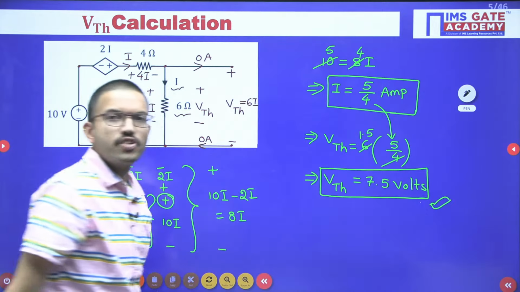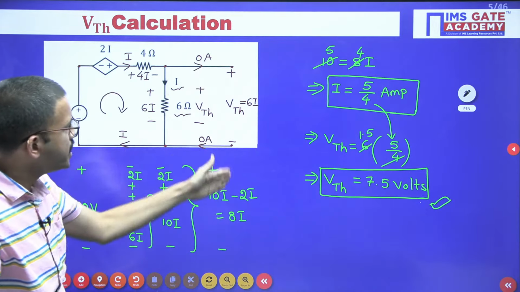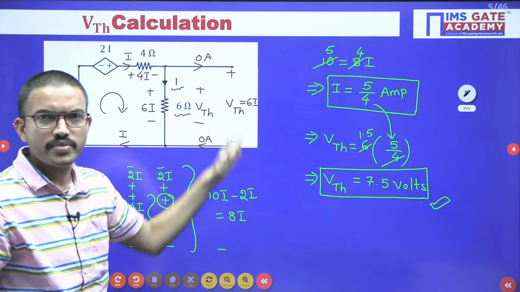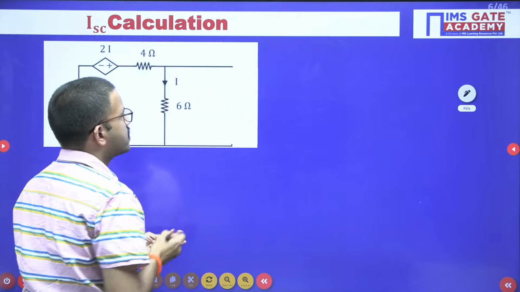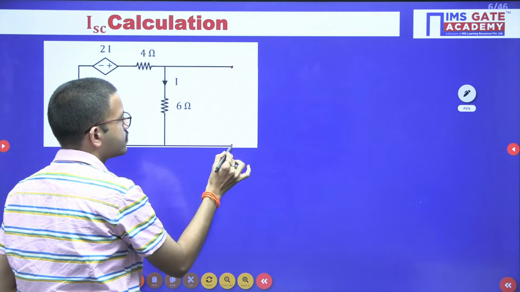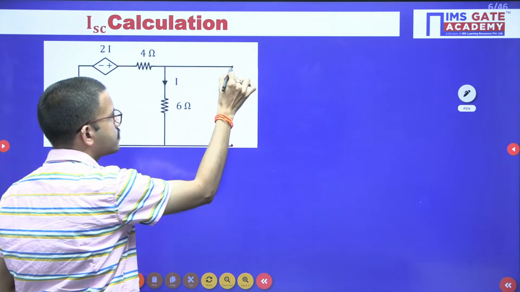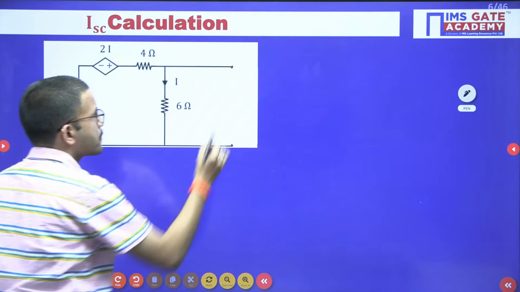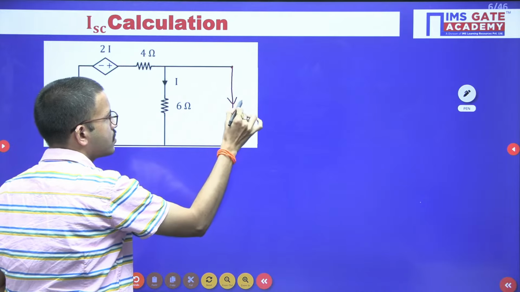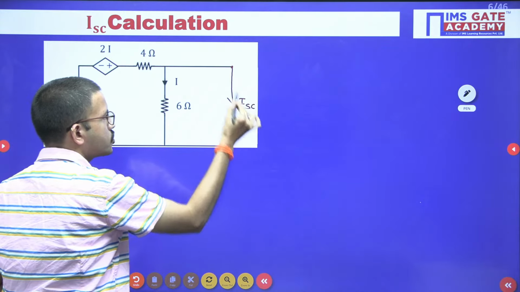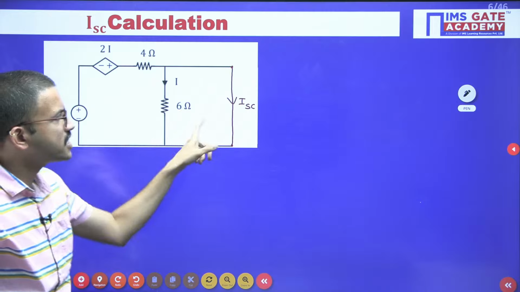Now the next step is we have to calculate how much current is flowing through the short circuited terminals. Now let us short these two terminals. So in the short circuit terminals, how much current is flowing?